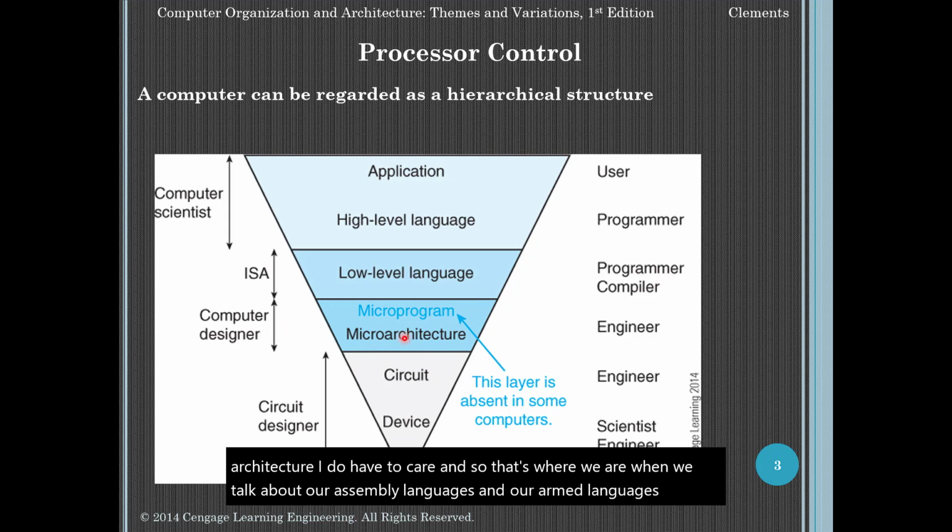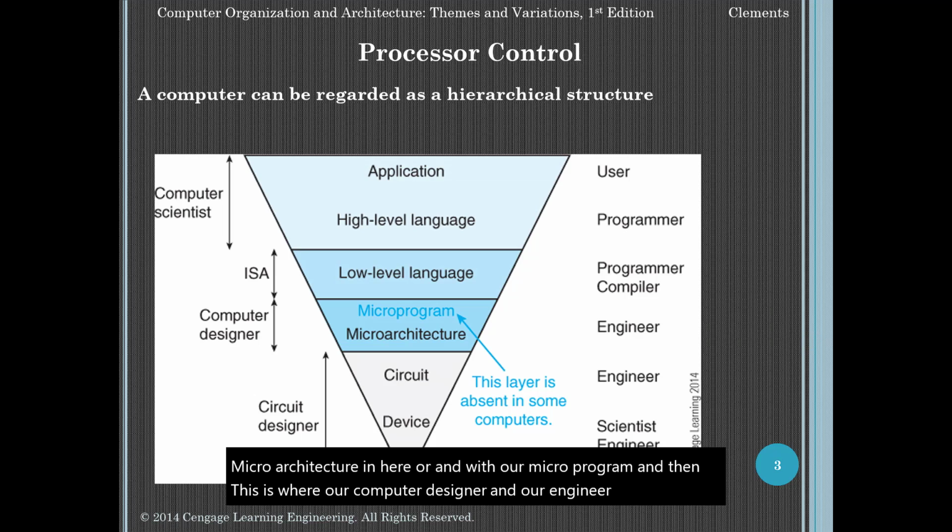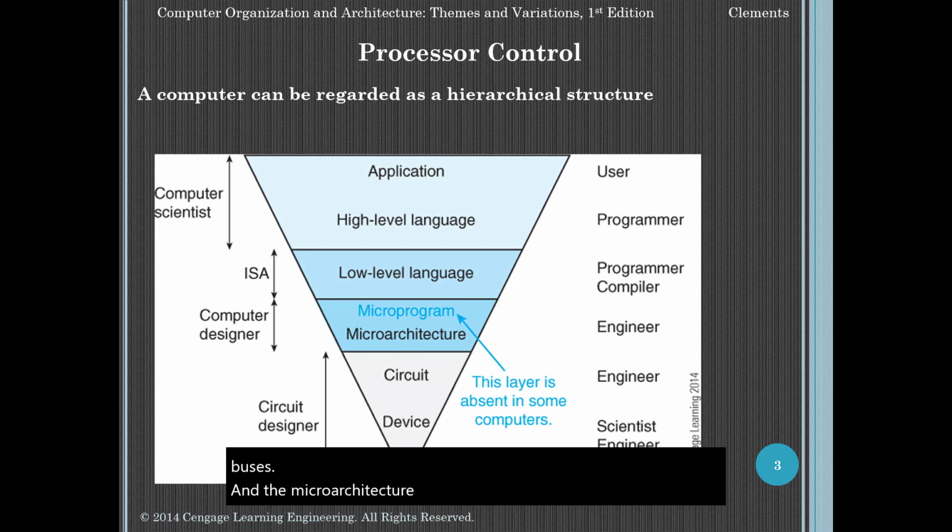Then we have our microarchitecture in here, and with our micro program. And this is where our computer designer and our engineer are focused. So this level represents the physical organization of the computer in terms of our registers and our functional units and buses. And the microarchitecture may be unique to a particular instance of a microprocessor.